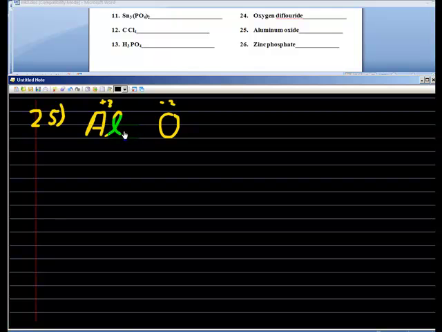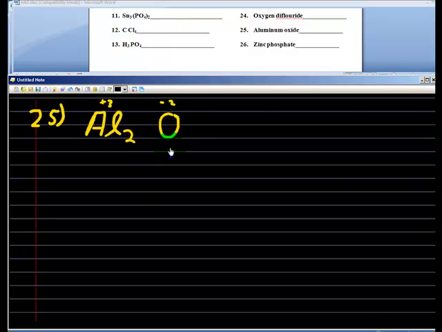But if I have 2 aluminum atoms, then this one would give up 1, 2, 3. The second aluminum will give up 1, 2, 3. I now have 6 electrons being released by 2 aluminum atoms. This oxygen would take 2 of those in. There's still 4 more to go.